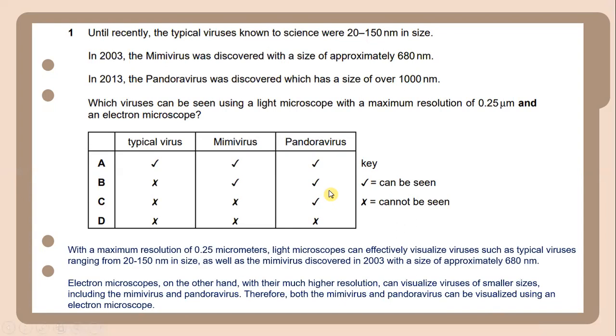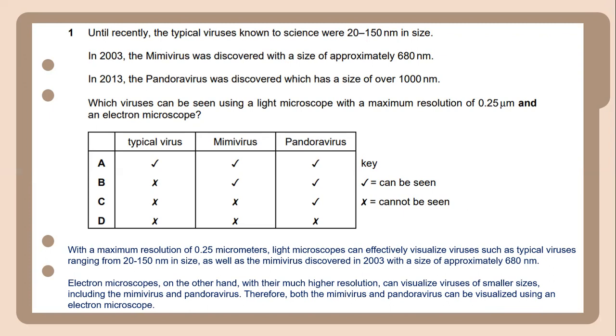With a maximum resolution of 0.25 micrometer, a light microscope can effectively visualize viruses such as typical viruses ranging from 20 to 150 nanometers in size, as well as the Mimi virus discovered in 2003 with a size of approximately 680.